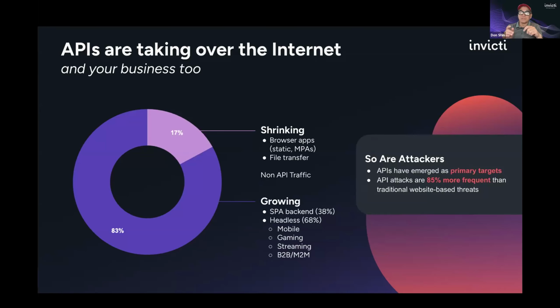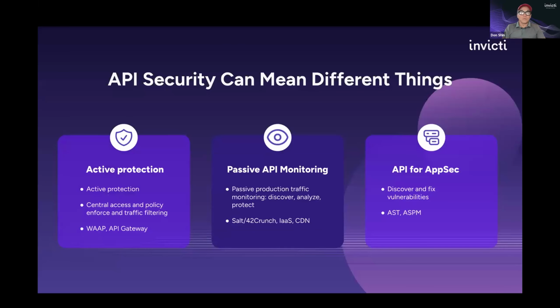But probably more important is that APIs are the thing that separate the attacker from the business data that they're ultimately going after. So this is where we want to focus, provide some guidance on how we can solve some of these problems, and make some recommendations.